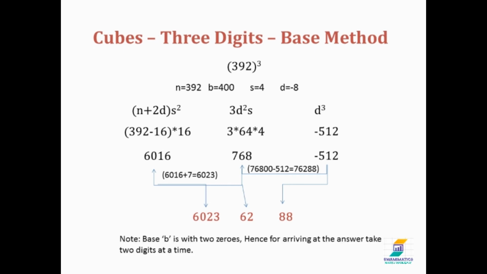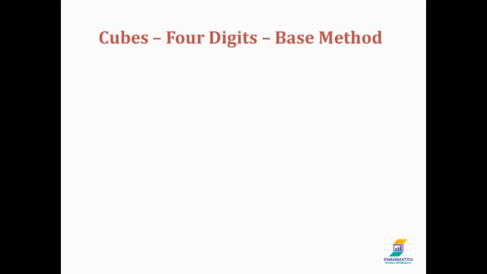Now we have seen how easy it is to do a 3-digit number also by this method. For the sake of understanding, let us also take a 4-digit number. Not that you will come across 4-digit numbers in your competitive exam, but just to understand the concept.